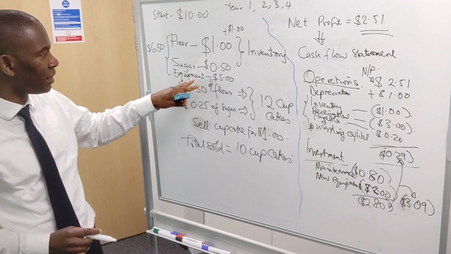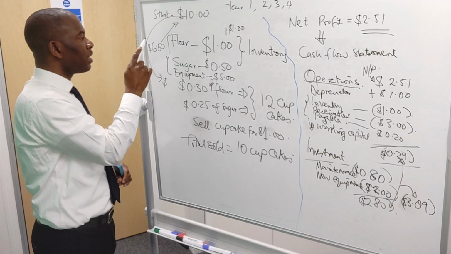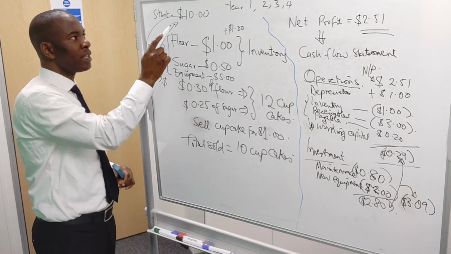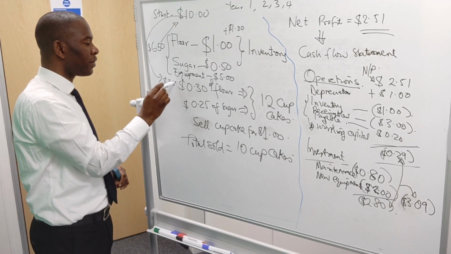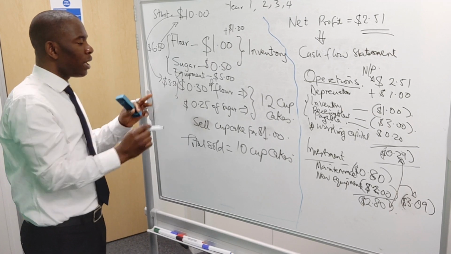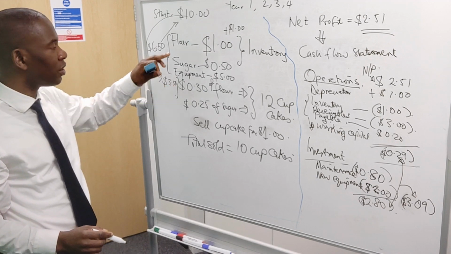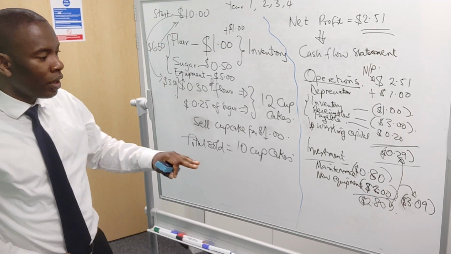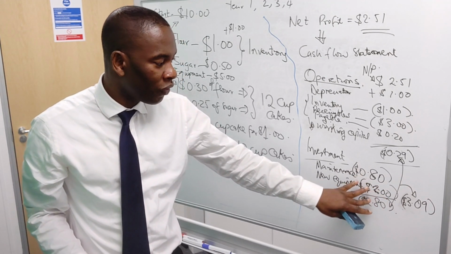That was what you spent at the start to get yourself off. If you take $6.50 from $10, you're going to have $3.50. So it means somewhere you still have $3.50 to play with. So perhaps that is where you bought all these things.